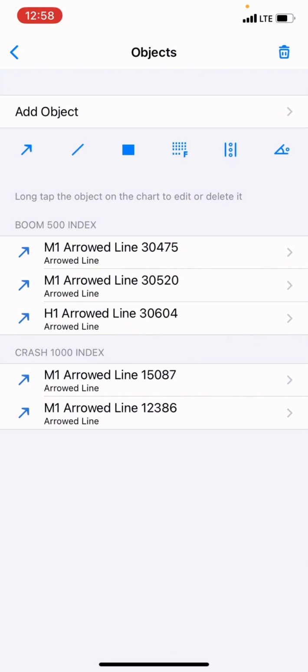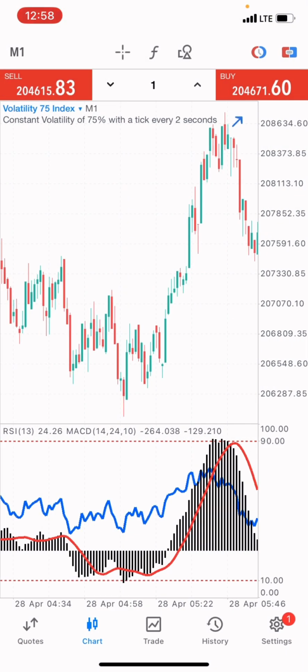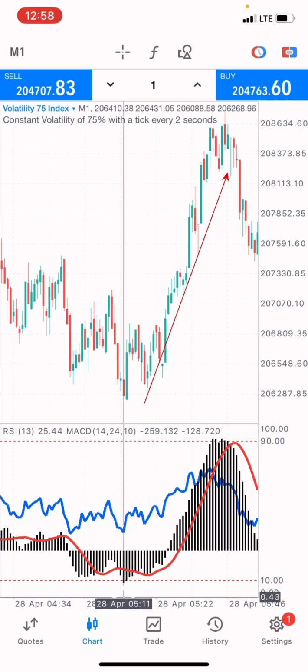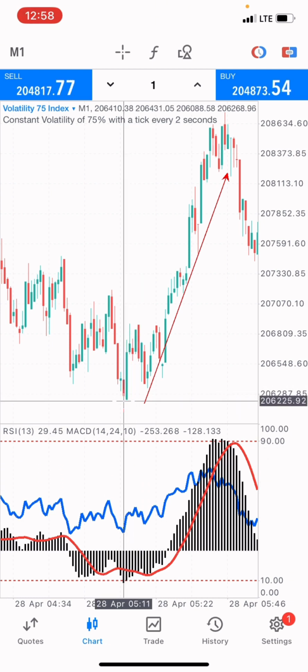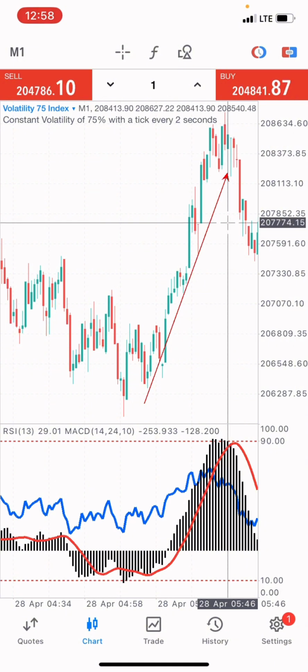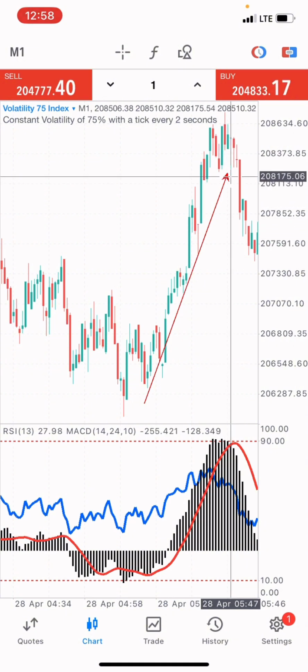If you trace it downwards to this point, guys, you can see here the market started to buy at this point. Trace it here, you can see the market starts to buy from this point to this point right here. So there's a very good amount of profit you will make from this trade.